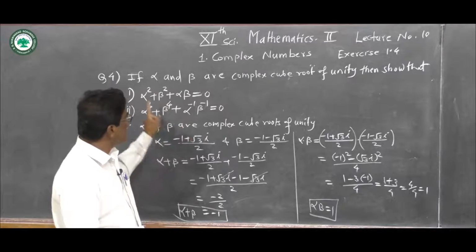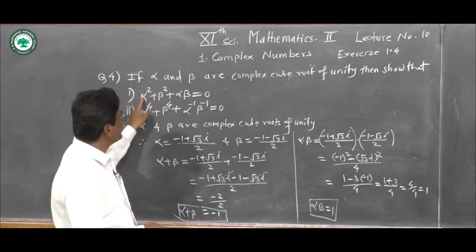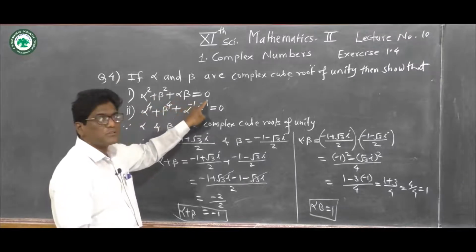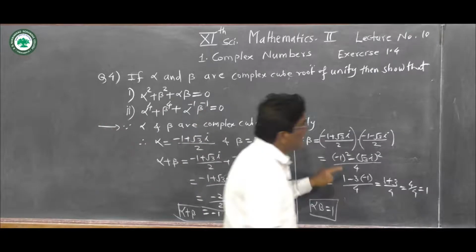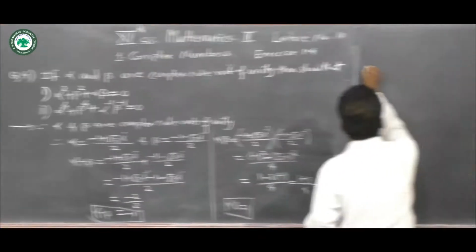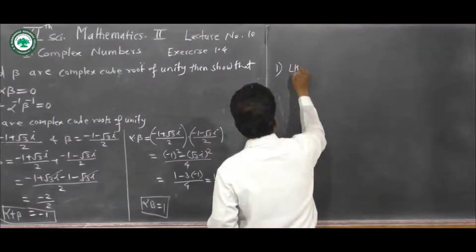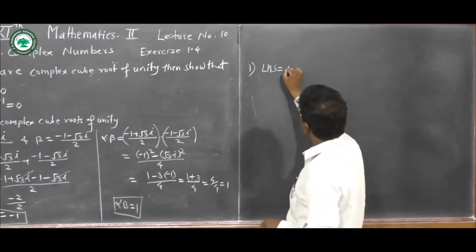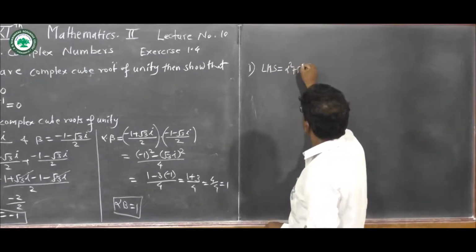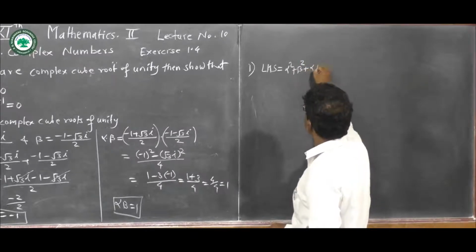Now we solve the first problem, that is, we have to show that alpha square plus beta square plus alpha beta is equal to 0. So consider first LHS, which is equal to alpha square plus beta square plus alpha beta.